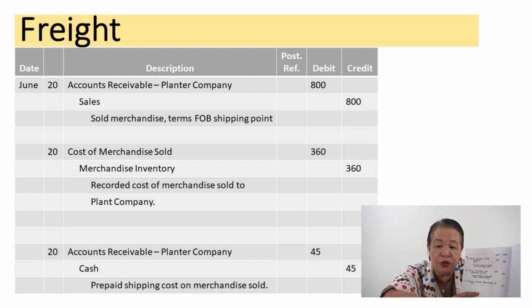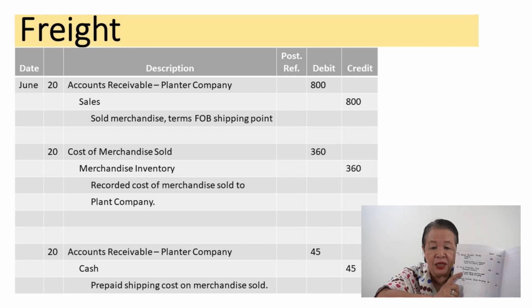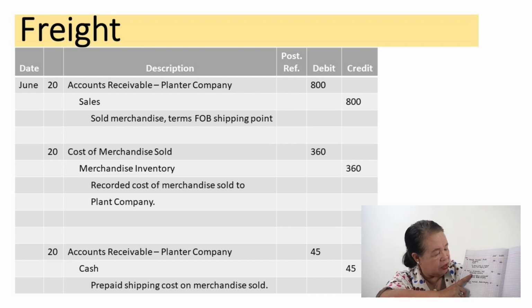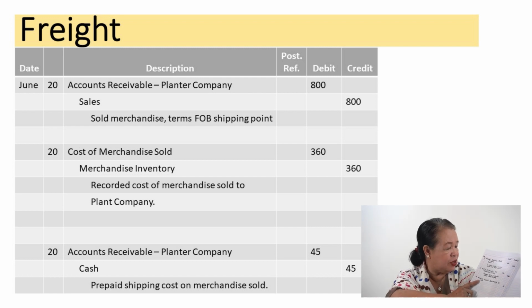So we recognized the cost of the 800 of inventory we sold. The cost of merchandise sold is 360. So we also credit merchandise inventory 360 to remove the merchandise sold. What is our explanation? To record cost of merchandise sold to Planters Company.